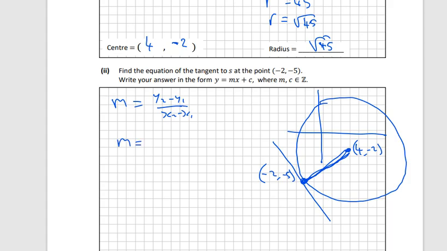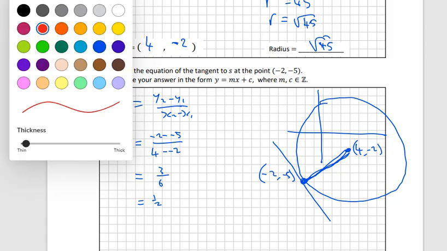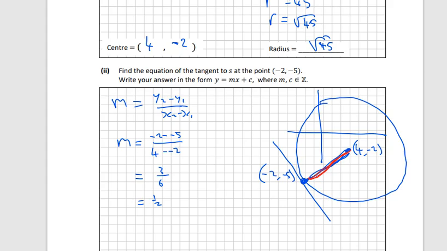So m is equal to minus 2 minus minus 5 over 4 minus minus 2. That will give us 3 over 6, so that's a half. A half is the slope of that line between those 2 points.